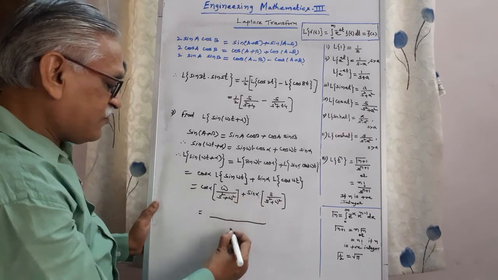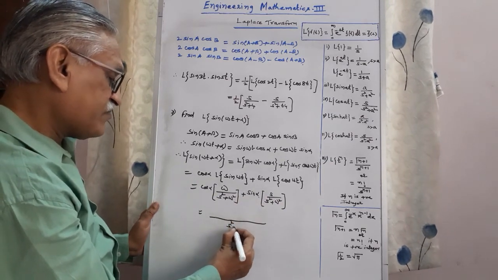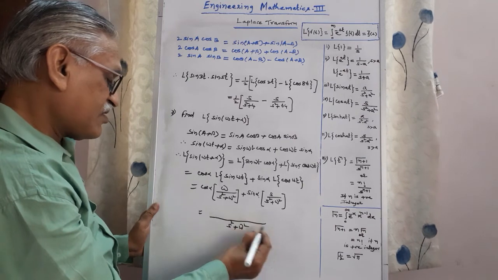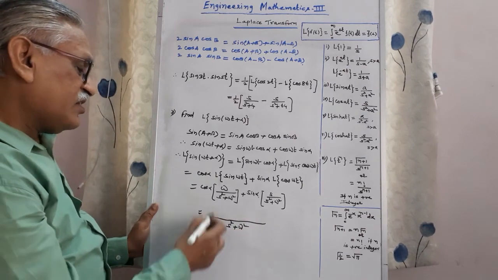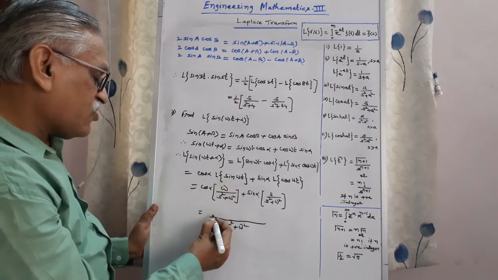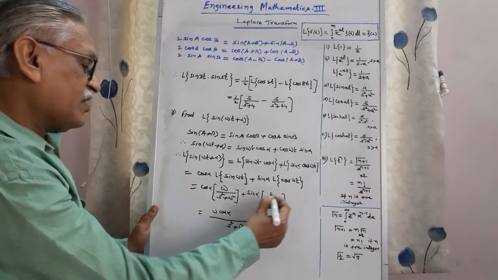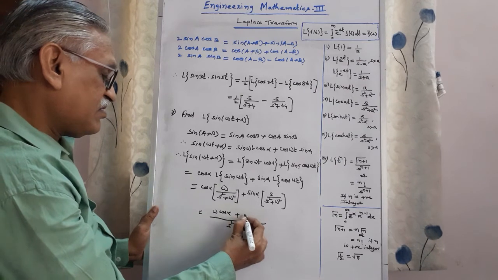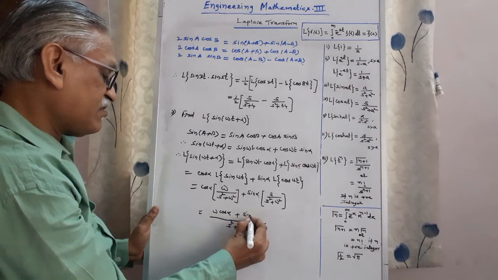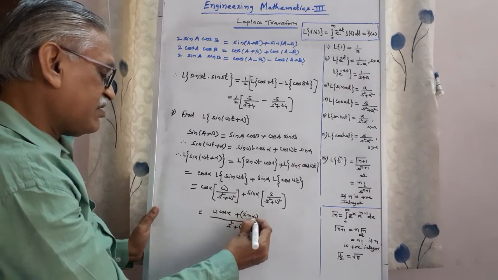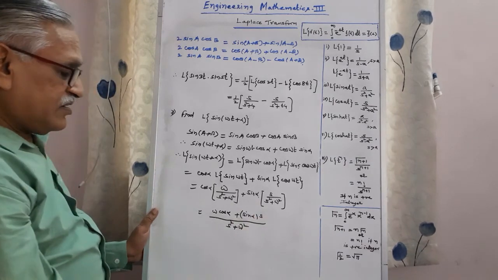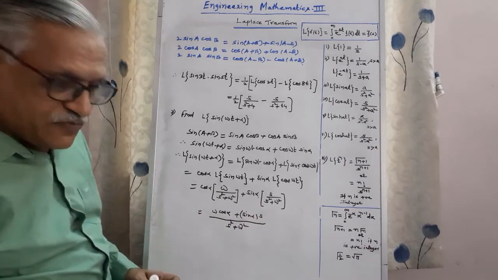Denominator is same for both, therefore taking LCM we get s square plus omega square. We get omega cos alpha plus sin alpha into s is the required Laplace transform.